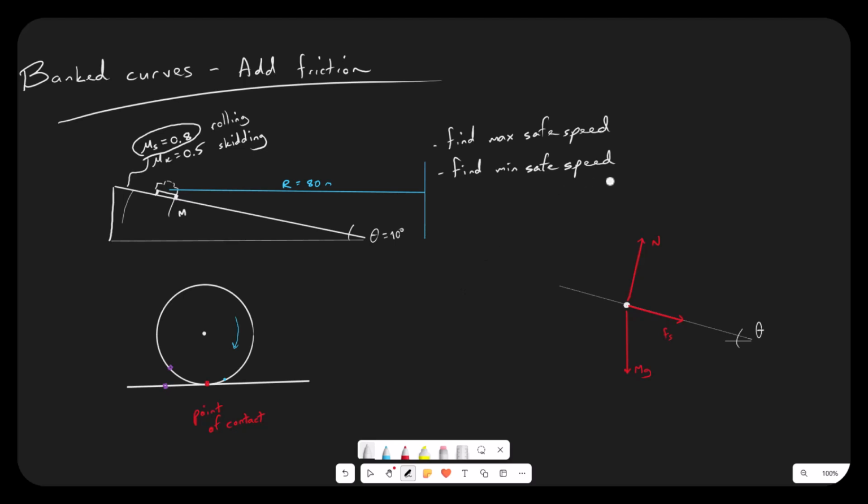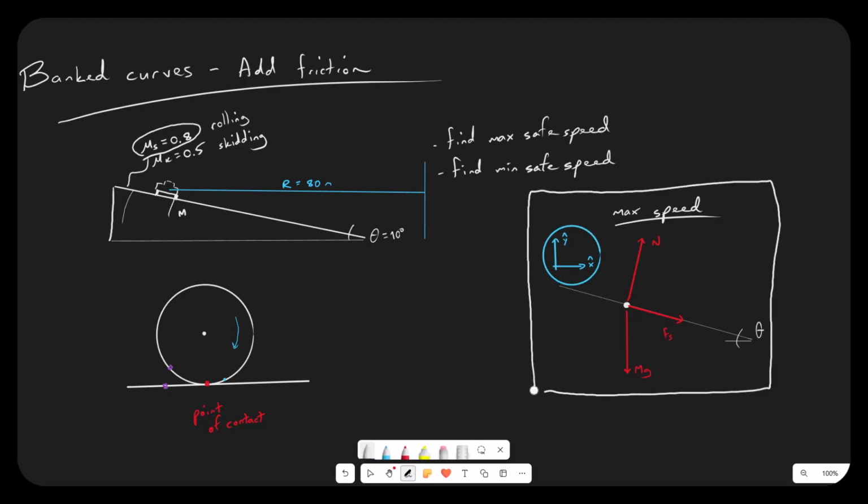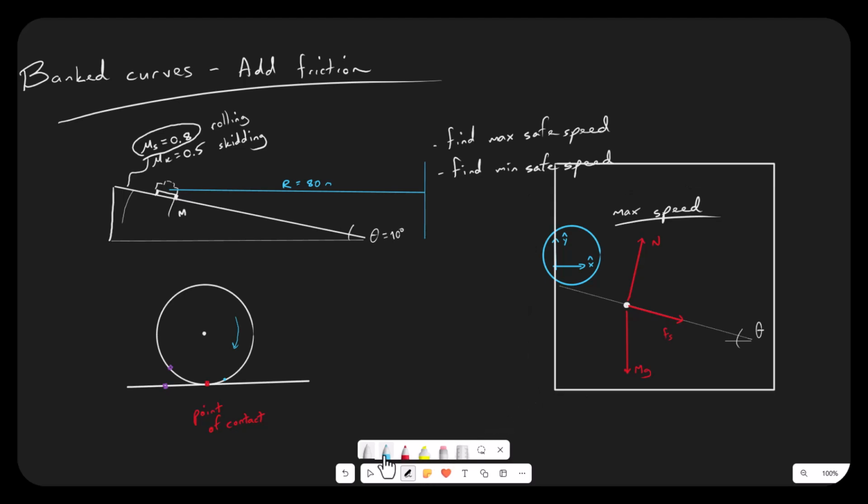So this is for the maximum speed. The center of my ramp, the center of my turn, is off to the right, so I'm going to need a flat coordinate axis. And there is my max speed free body diagram.